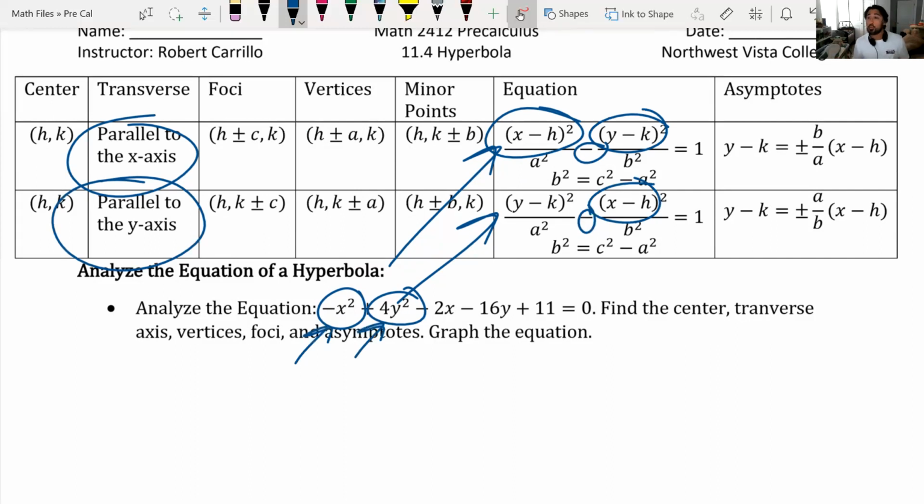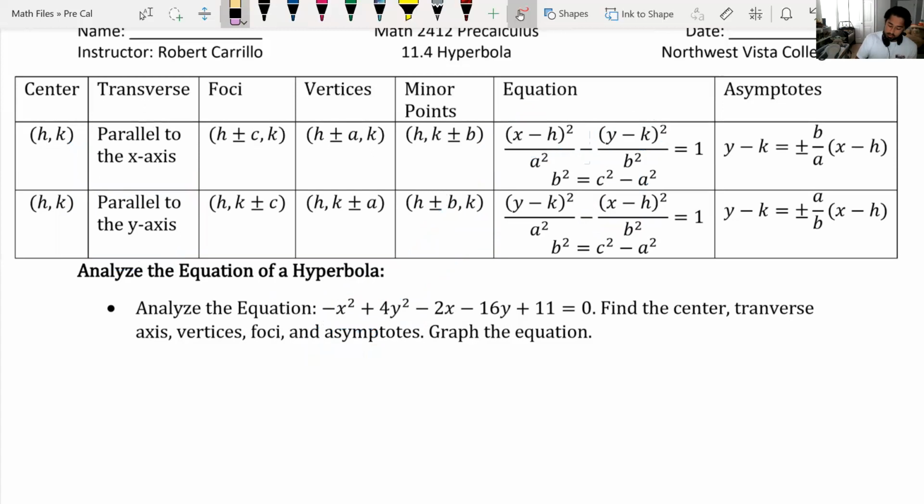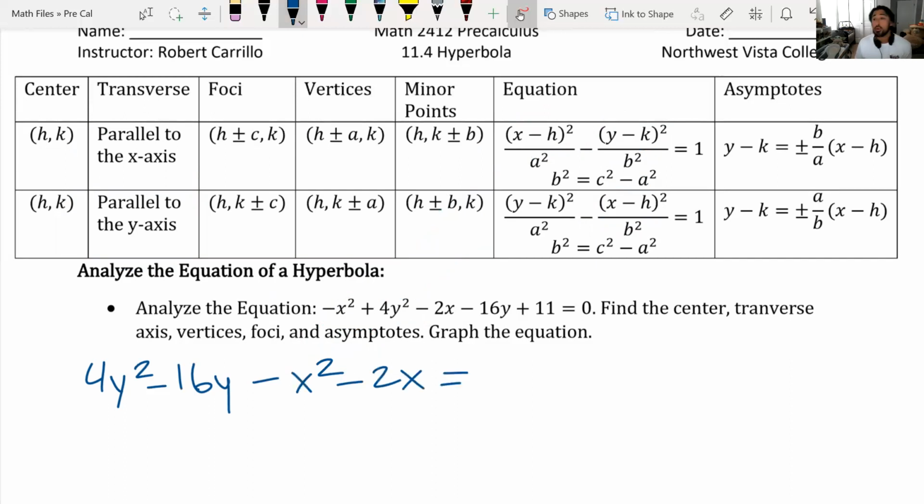That should tell you which one you should put in front when rearranging, which means since 4y squared is positive, that's going to lead in front. So we are going to rewrite it as 4y squared minus 16y, and of course, put your like terms together, minus x squared minus 2x, and of course, move the constant over to the right.